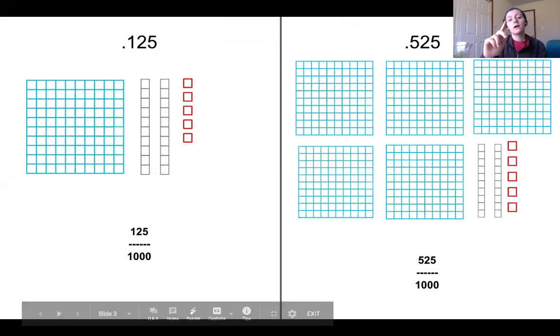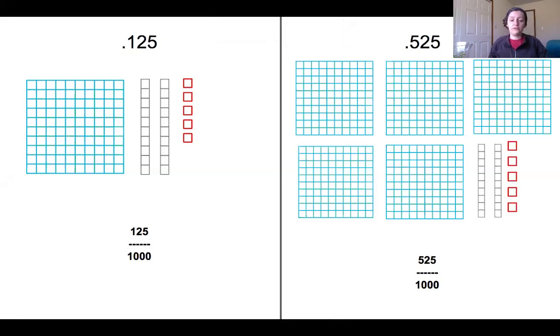So, to compare 125 thousandths to 525 thousandths, one way to do that is to draw base 10 models. If you watched the last video, base 10 models are those where you have all the cubes in either a flat, a row, or a long, or just the individual cubes.